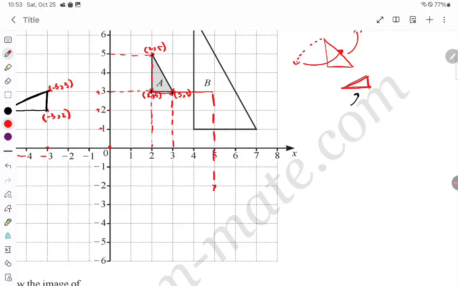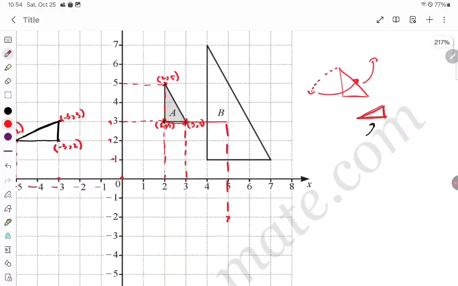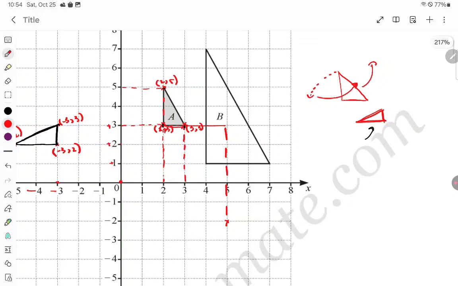This is our first point. For the second point, again 3 comma negative 5, we get another point.